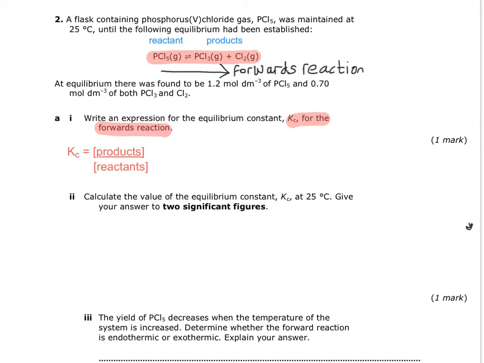So bearing that in mind, what we've got to do is to put in what the actual concentrations of products are. So what's the expression with that reaction in mind? So it's one thing to write out a general Kc expression, it's quite another to actually write out the Kc expression for the forward reaction that we've been specified to look at. So it should look something like that, and you need always to make sure that you're using square brackets.